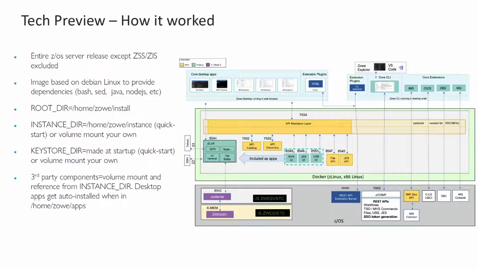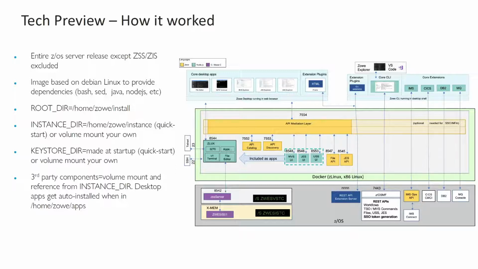However, it wasn't too much work on our end to pull off. Essentially, what we did was we took a traditional z/OS release of Zowe, and we took the parts of the servers that could live on different systems and packaged them up inside of a Docker container, converted all of the text from EBCDIC to ASCII, removed any z/OS specific flags to how Java or Node.js would be invoked, and then hard-coded the paths for where you would find the Zowe installation folder and where you would find the key store and where you would mount your own instance directory.